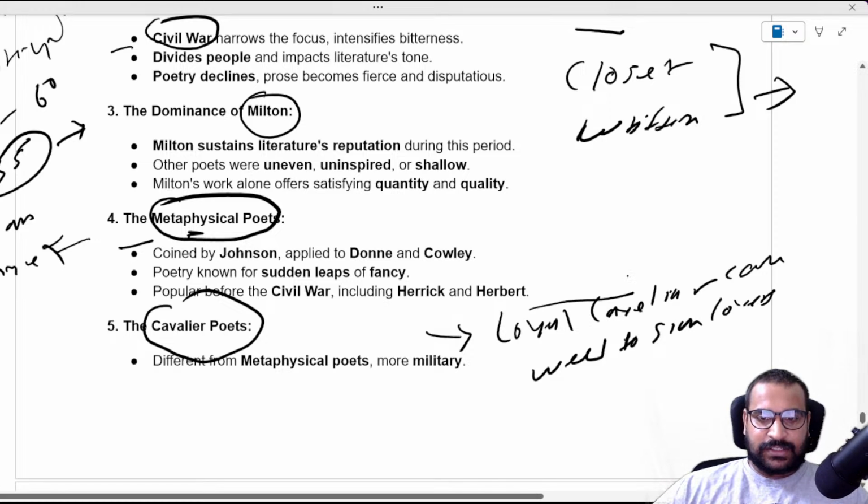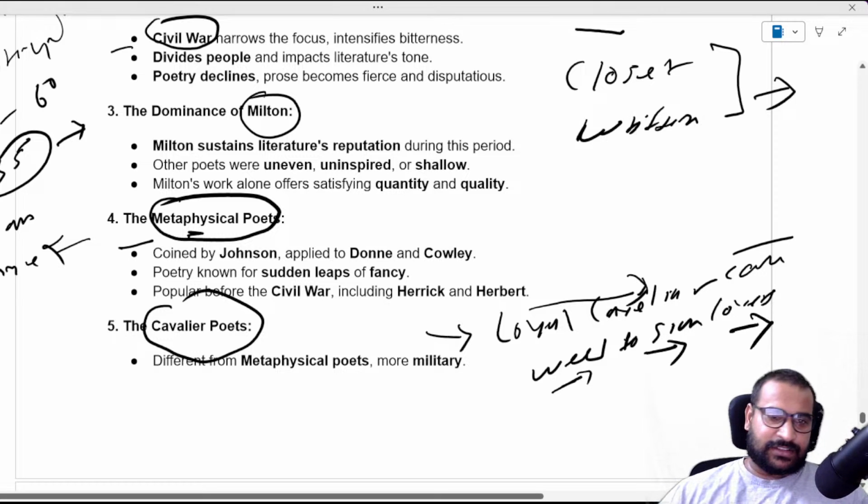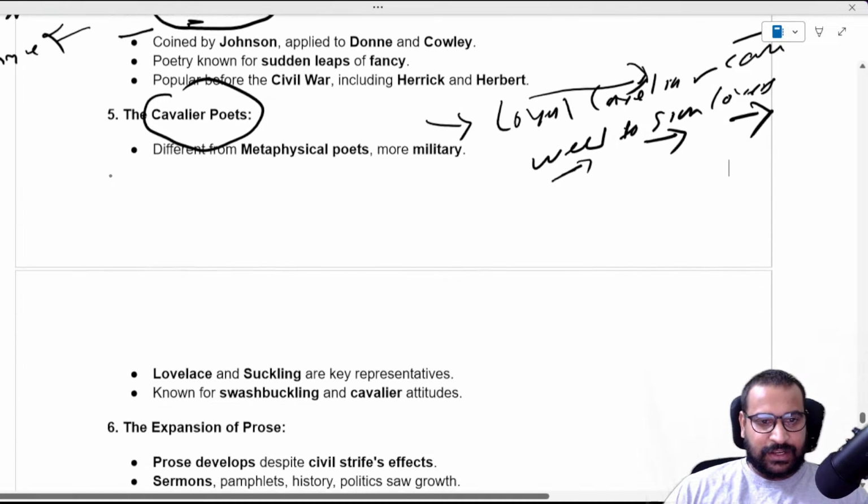So those who are loyal are called Cavaliers, loyal to the king. We have Carew, then we have what? We have Marvell, and then we have Suckling and Lovelace, through Lovelace. So that you will understand, right?